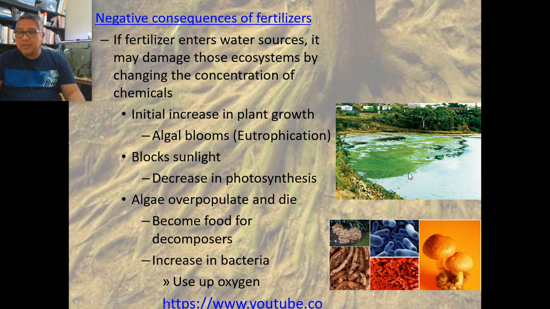So you will see here, those green things that are floating, those are algal bloom produced by way too much fertilizer present in rivers and lakes. The problem is, since they are floating, they will block the sunlight, which will kill the plants below them, right?